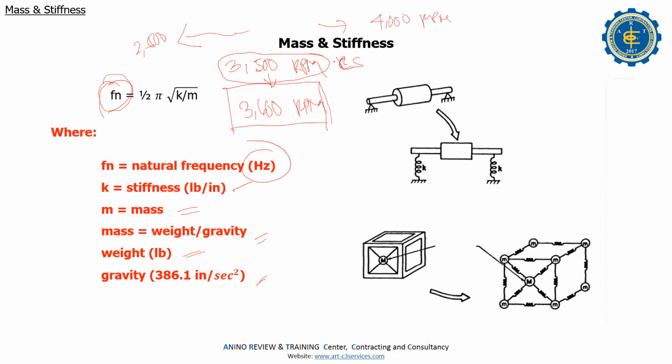To shift this RPM, you use mass and stiffness. If you add mass, the stiffness will go up. If you remove mass, the stiffness will go down. So you must know the critical speed of your machine.